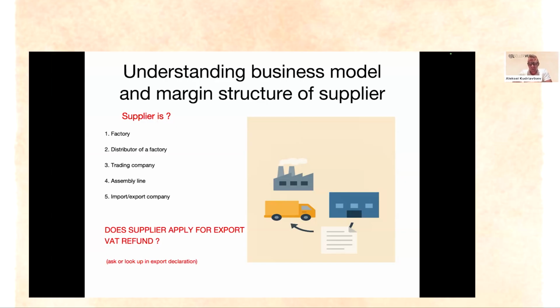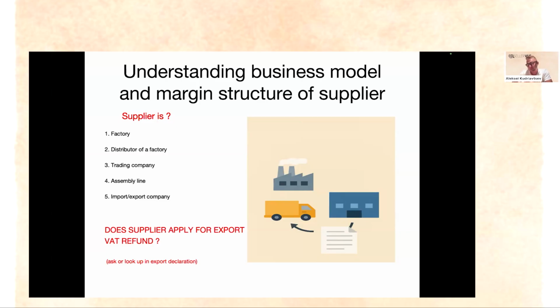So when they pay their bills, part of their cost is the value-added tax. So they pay the VAT when they pay to their suppliers. And the Chinese government supports export activities. So when a supplier officially exports the goods, selling to an Amazon seller, he can apply for an export tax refund. And this export tax refund can constitute a substantial proportion of the margin of a supplier.